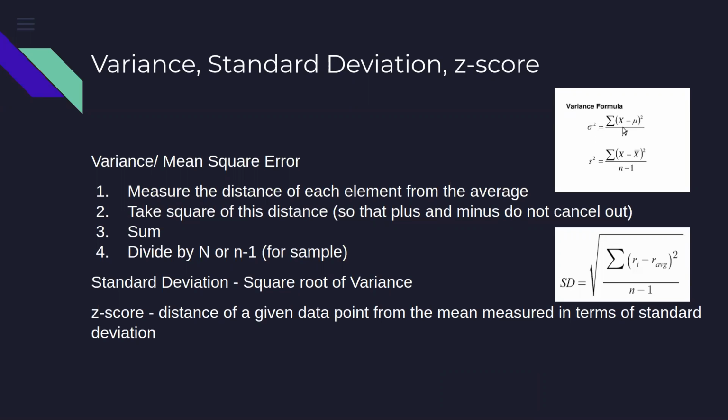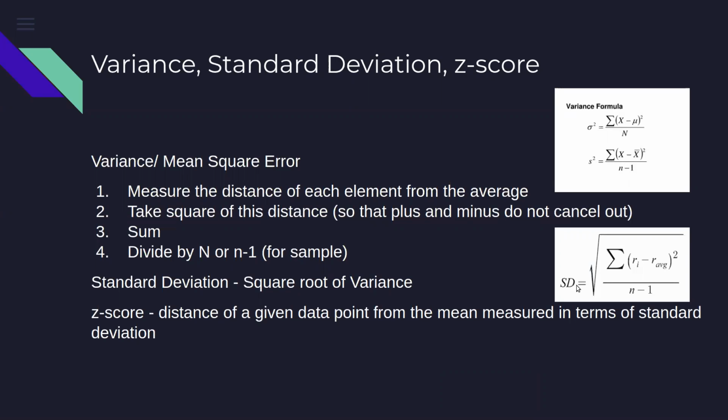So we take the individual data elements minus mu, the average, and then we take the square of that, we take the sum of that and divide that by n if it is population, and if it is a sample, then we do the same computation and divide that by n minus 1, and if I take the square root of that, that becomes the standard deviation. So that's the mathematical formula.